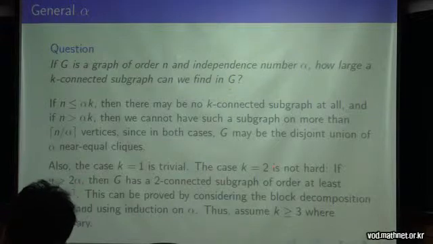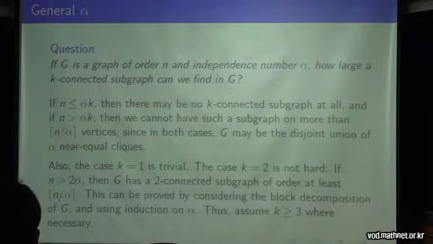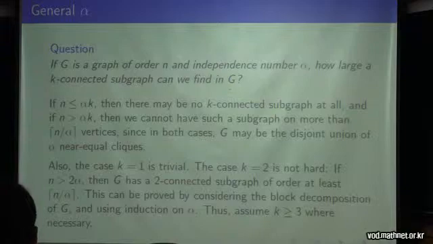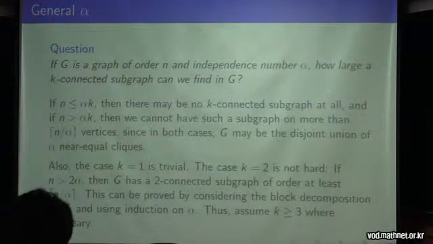So it's true if n is greater than 2 alpha, and this cannot be weakened to 2 alpha because we can take the path with 2 alpha vertices. That has independence number alpha, and there's no 2-connected subgraph. So I can assume k is at least 3.